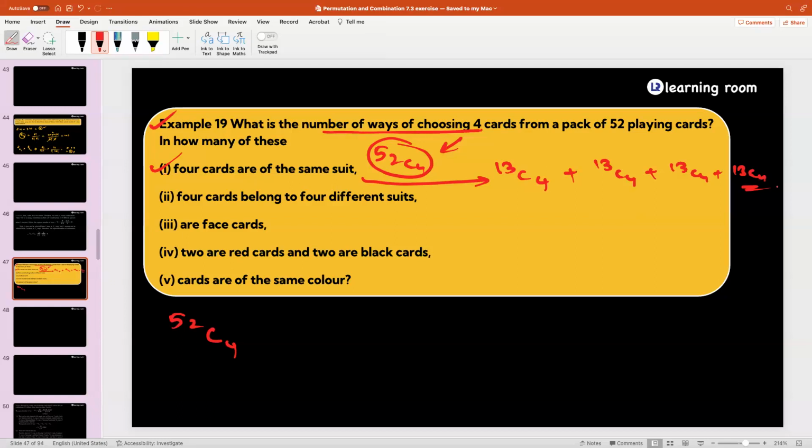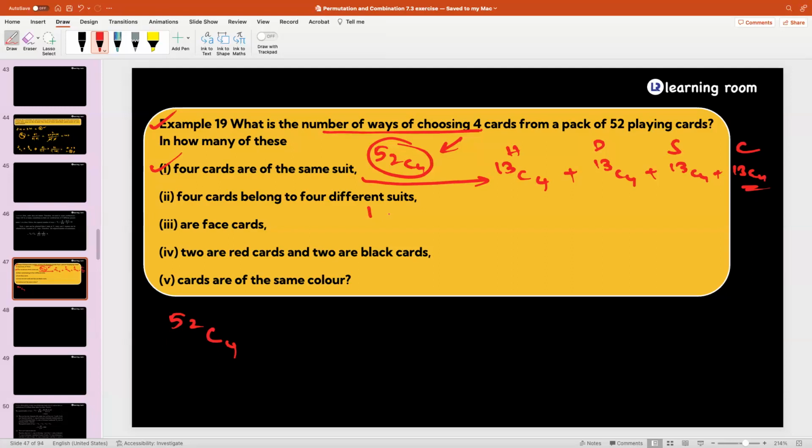Did you understand? Heart, diamond, club, and spade. So they're going to be 13 cards each. So from each, you're going to take 4, meaning 13C4. Since it is going to be OR, it can either be from heart, it can be from diamond, it can be from spade, or it can be from a club. So since it's an OR operation, you need to use plus in between. Is there anyone having doubt in this?